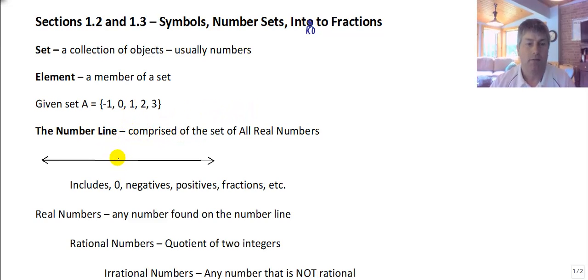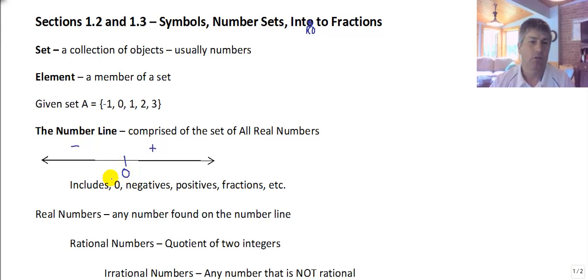We'll work quite a bit, of course, with our number line. The number line is comprised of the set of all real numbers. In fact, a real number is any number that can be found on the number line. Okay, so our number line, of course, includes 0. Our positive numbers are all to the right of 0. Our negative numbers are all to the left of 0.